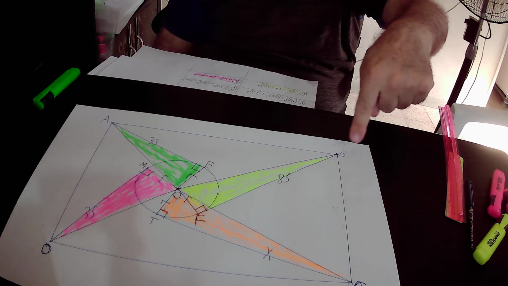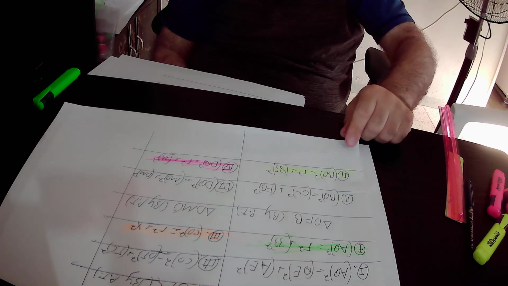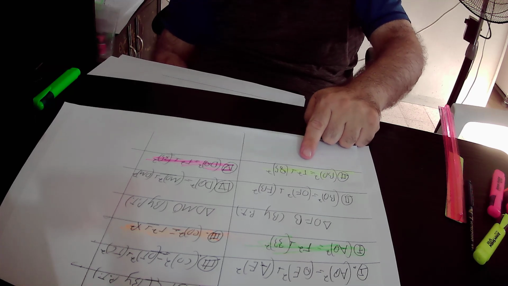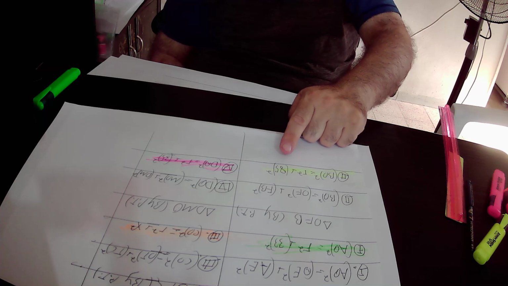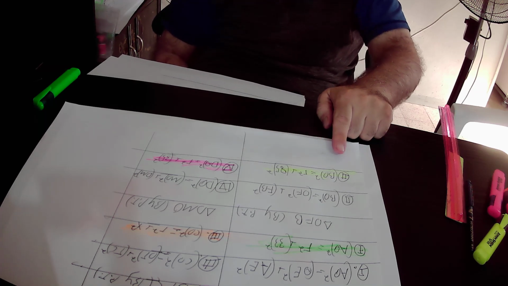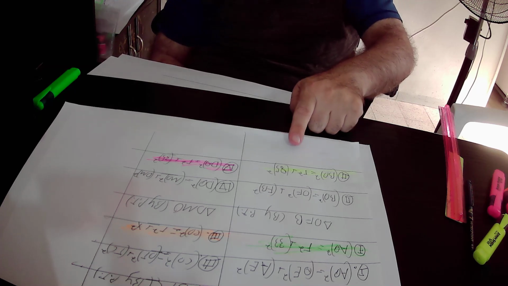OF equals R, BF equals 85, therefore according to equation number 2, BO square equals OF square, which is R square, plus FB square, which is 85 square. So in conclusion, BO square equals R square plus 85 square.